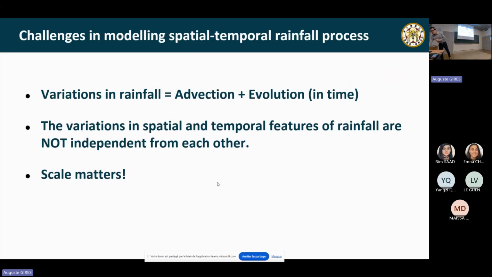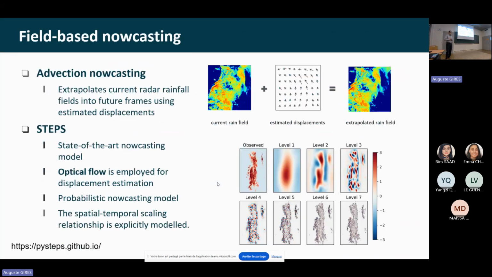For radar-based nowcasting, we can briefly categorize the different methods into two types. One is called field-based nowcasting, used by many national weather services.